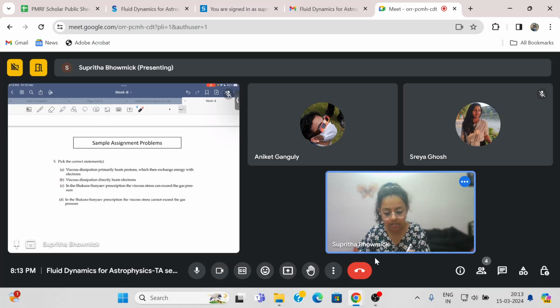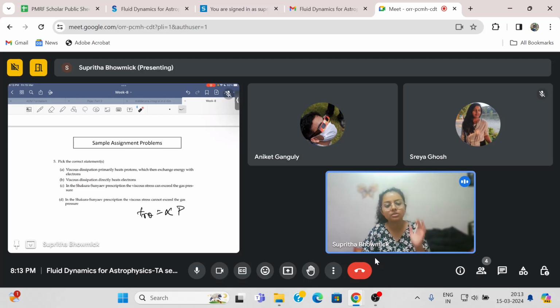Okay, in the Shakura-Sunyaev prescription, the viscous stress can exceed the gas pressure, or in the Shakura-Sunyaev prescription, the viscous stress cannot exceed the gas pressure. To remind you, this was the Shakura-Sunyaev prescription. If you remember what the conditions on alpha were, you would be able to answer this.